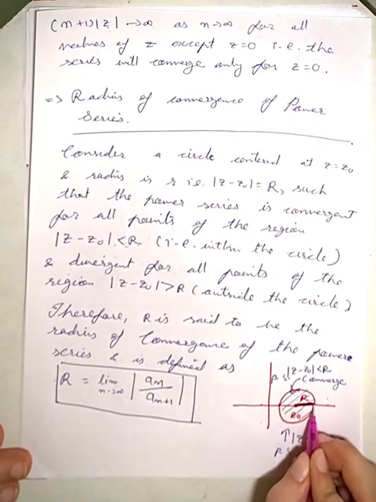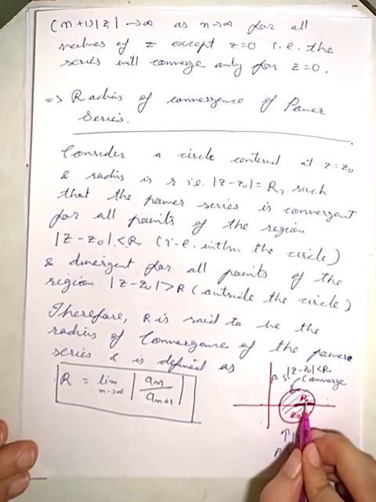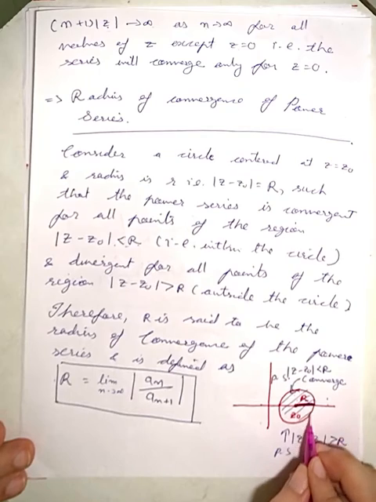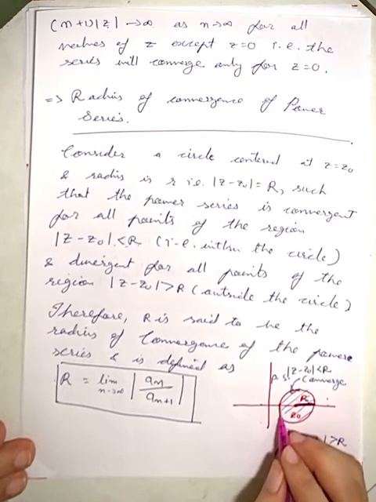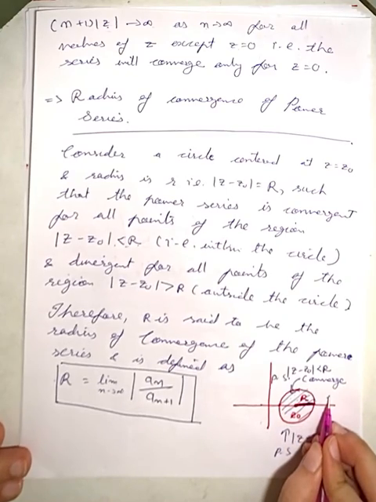If you cross this circle and come inside, you will see the power series is converging, and outside the power series is diverging. So this is just the divider between the convergent and the divergent region.